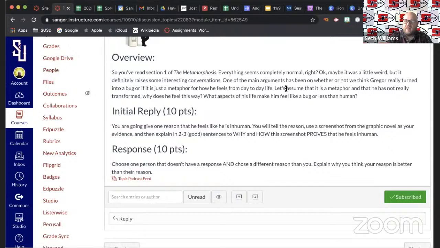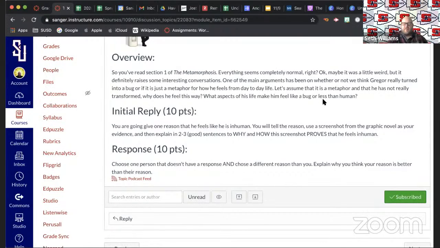here it talks about, let's assume that he turns into a bug, like I already said. So you're going to be making an argument that he did turn into a bug, or that there is some metaphor about his life, if his life makes him feel like a bug or less than human.